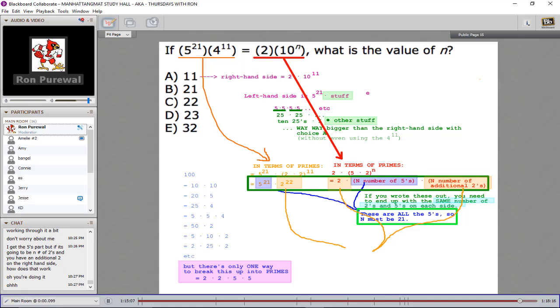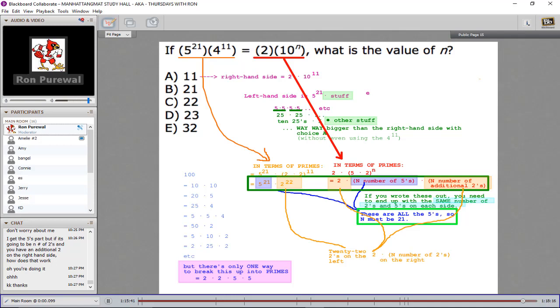If you have 22 2s on the left, and a 2 times n number of 2s on the right, they have to be the same number of 2s.